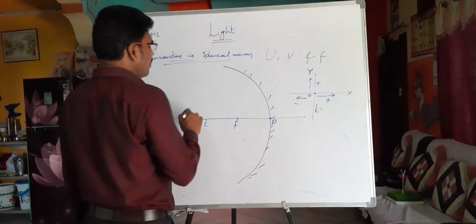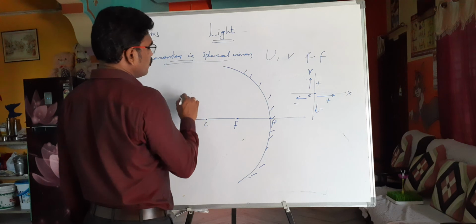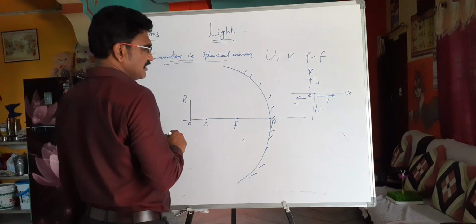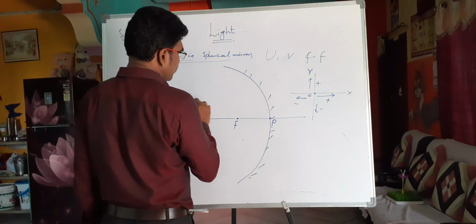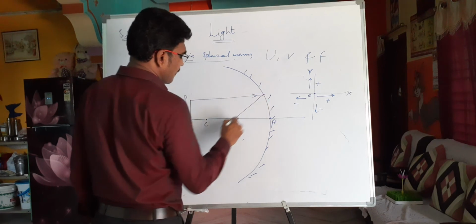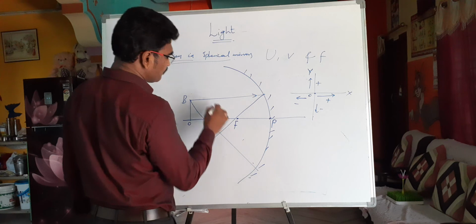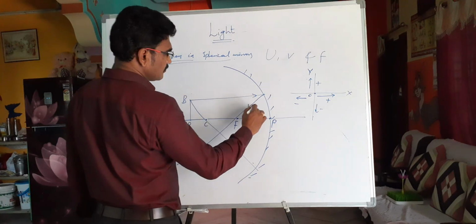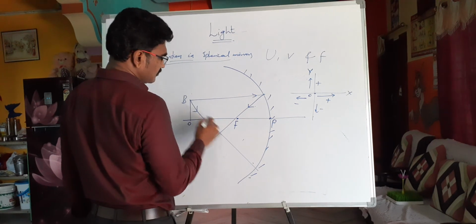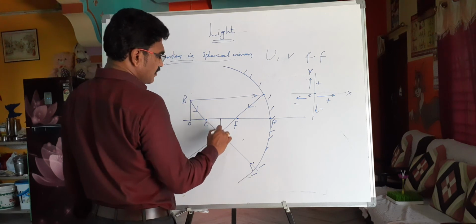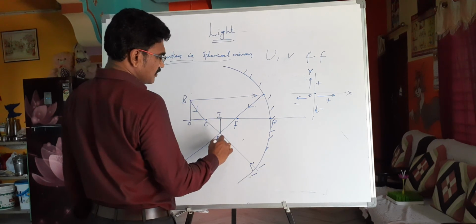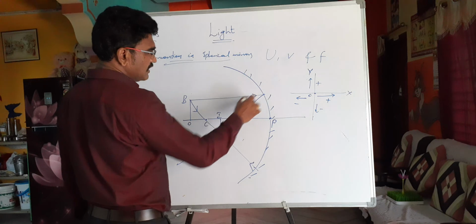For example, the object is here, OB is the object. This is the image, because this reflected ray and this reflected ray meet.